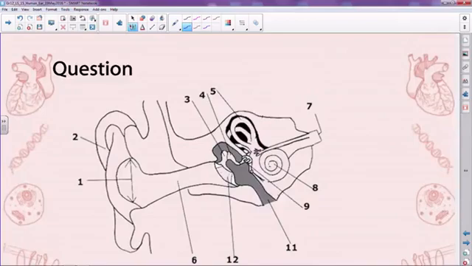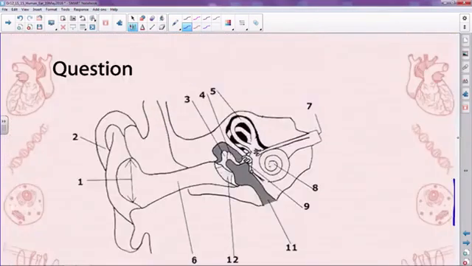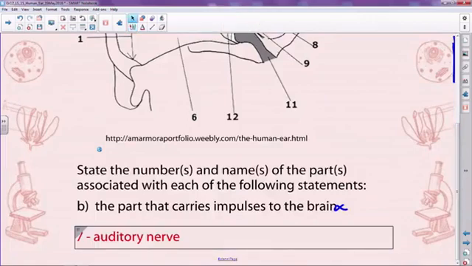Okay, state the part that carries the impulse to the brain. If I bring it up, it would be 7. Okay, let's have a look if it is. There we go, the auditory nerve. Remember, 7's auditory nerve goes from the ear all the way up to the brain.